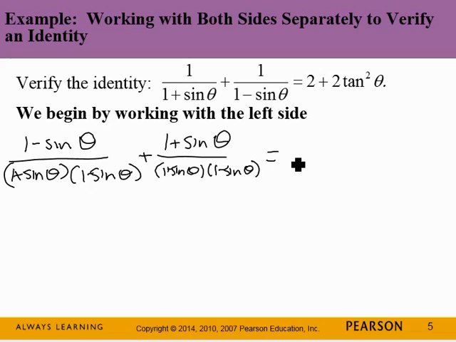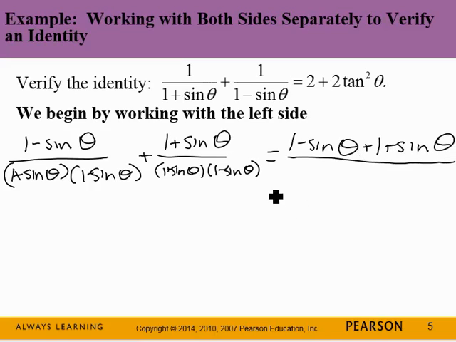And now we're just going to simplify these. So we have 1 minus sine theta plus 1 plus sine theta. And you will FOIL your denominator, which would give you 1 minus sine squared theta.